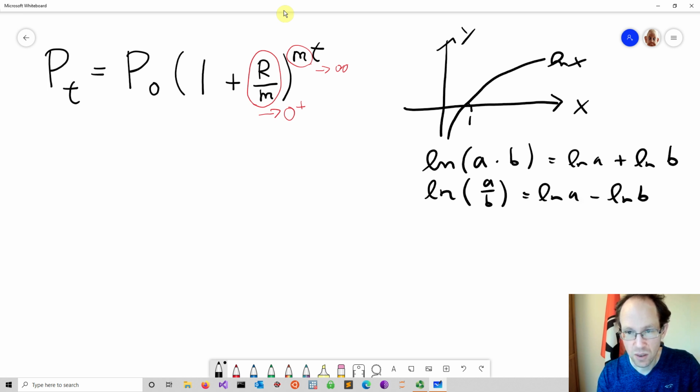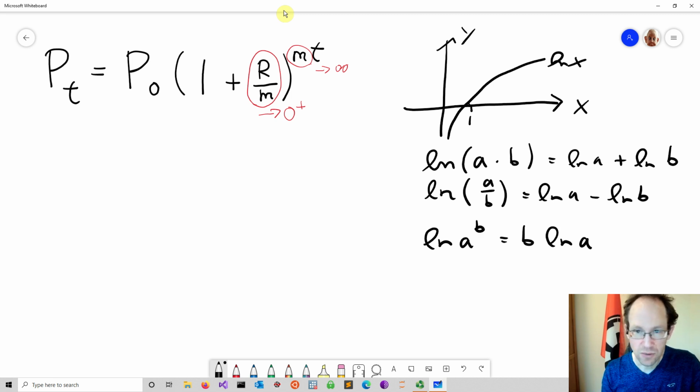Again quite useful to know. And then finally what we also need is the ln of a to the power of b is equal to b ln a. So now we use these properties in dealing with our equation and simplifying it and making it easier to discuss the limit.